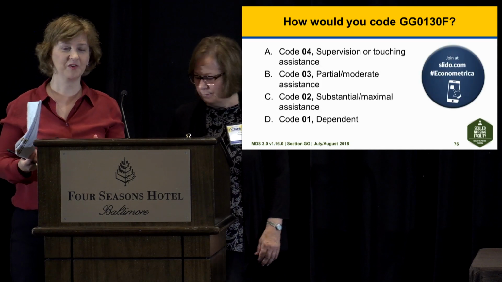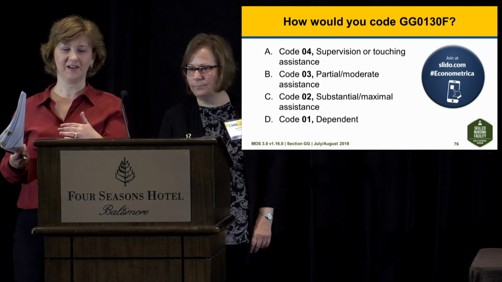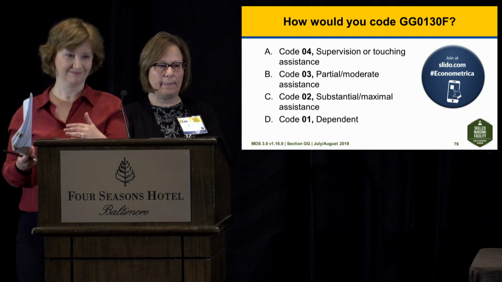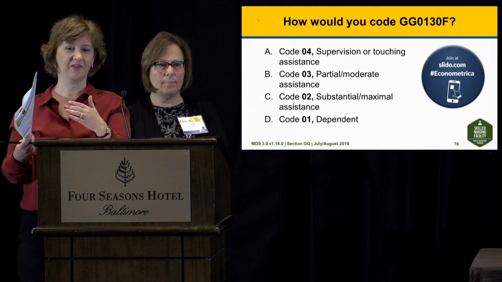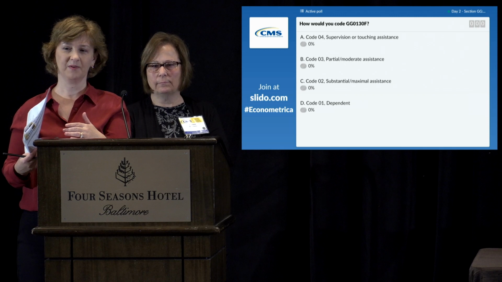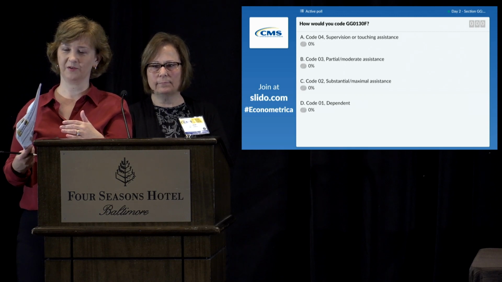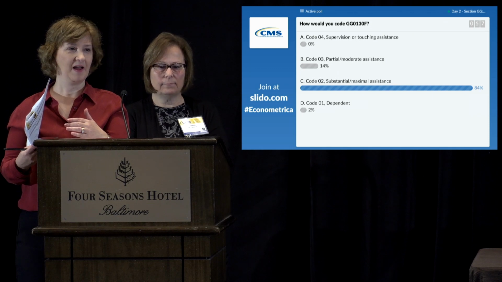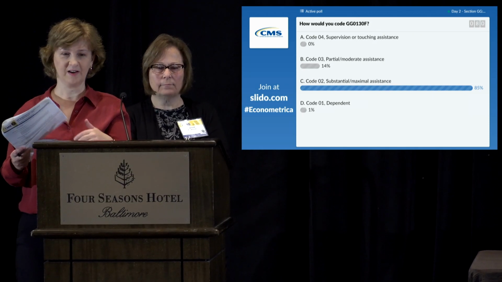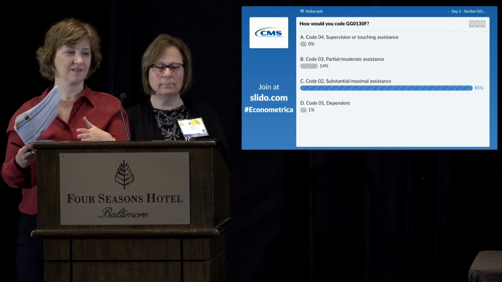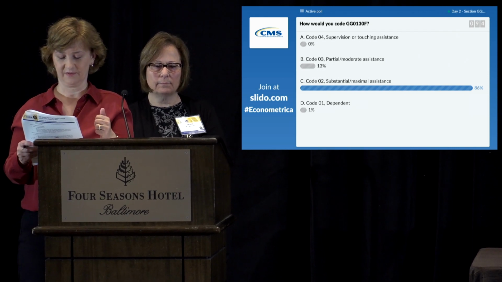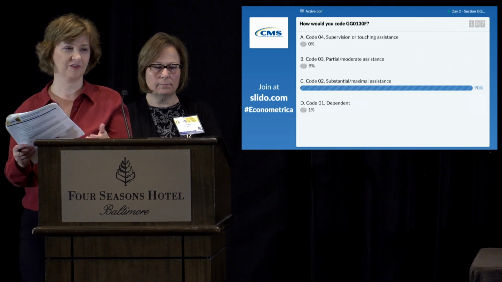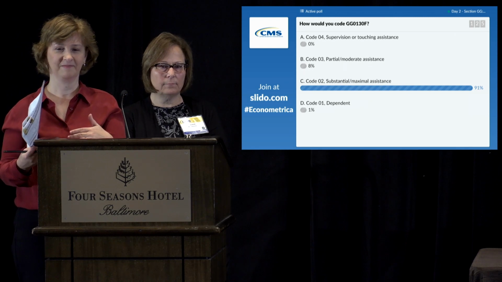All right, so going through the decision trees, does the resident need assistance from a helper? Yes. Does the resident only need setup or cleanup assistance from one helper, or is it more? Okay. Does the helper provide assistance such as supervision or verbal cueing, or is it more?